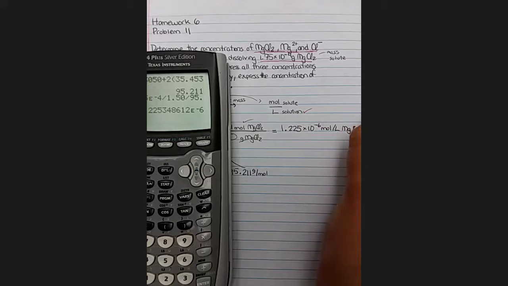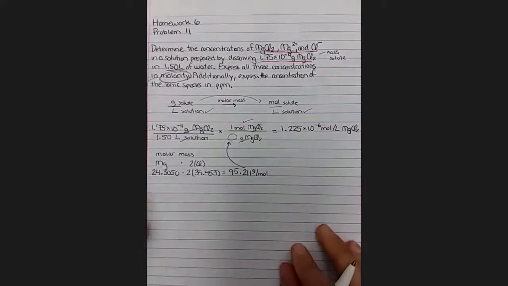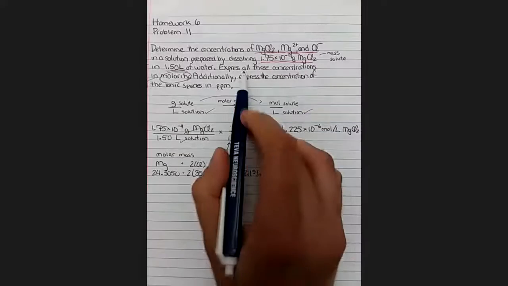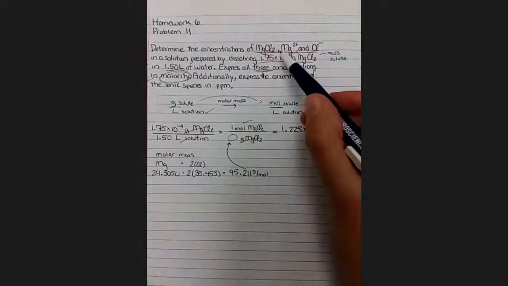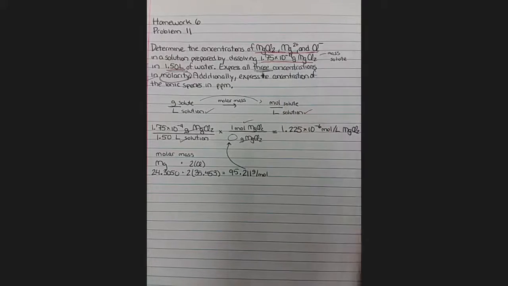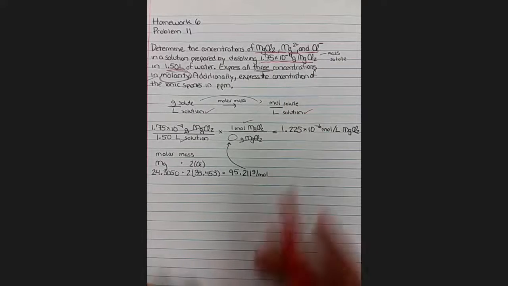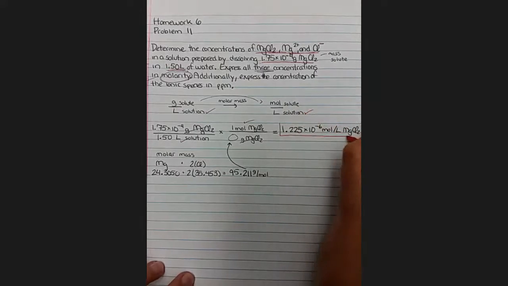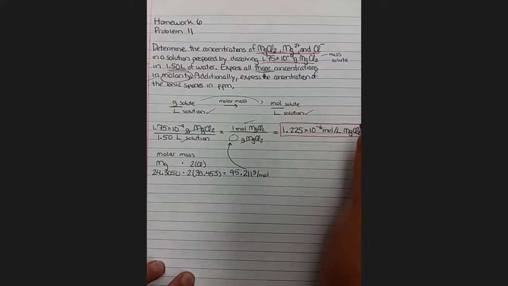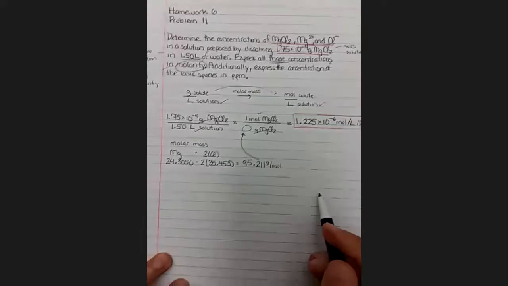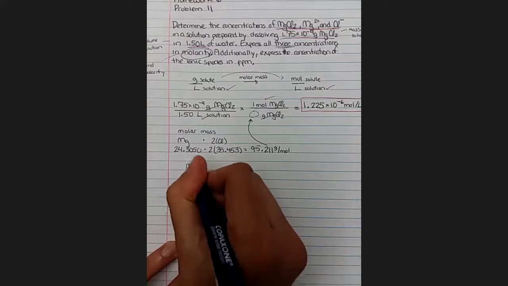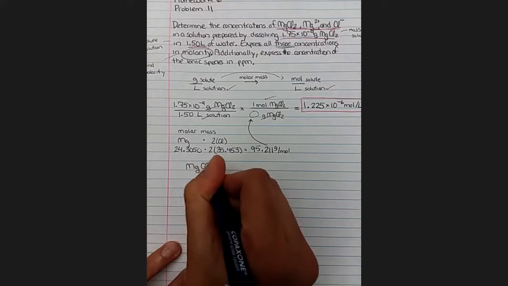Cool. But it didn't just ask for one concentration, it asked for all three concentrations. So we need not just the ionic compound itself, but the concentration of the cation and the concentration of just the anion. And this is a little tricky. This is a kind of problem-solving process we haven't thought about before, but I know that you guys can answer it because I know that you understand how ionic compounds work.